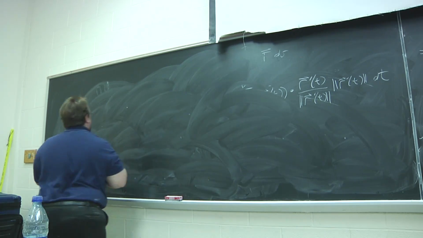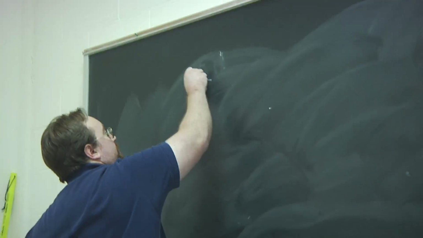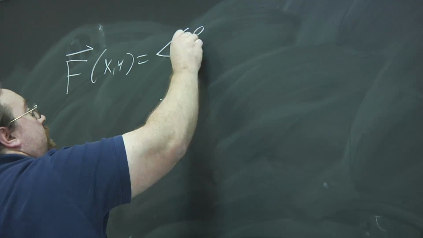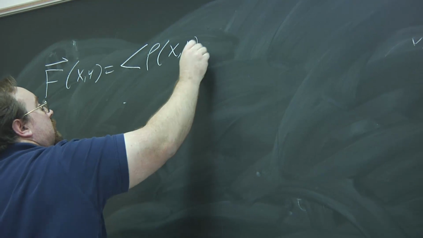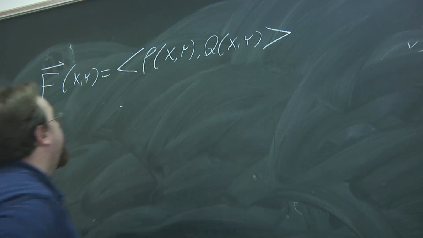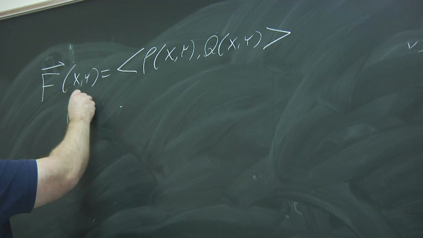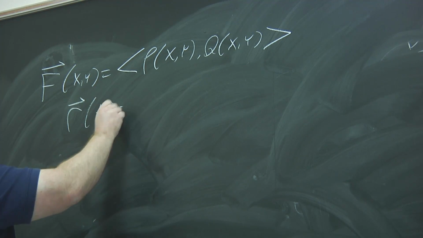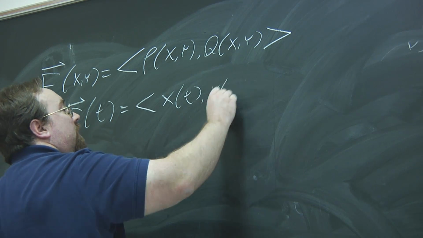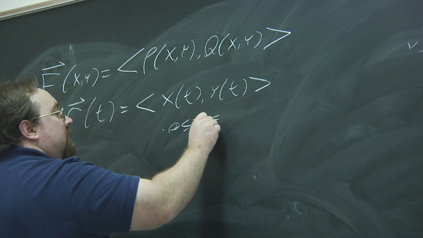Let's stick with two variables. Suppose your vector field F of x, y has these component functions, P of x, y and Q of x, y. And our curve has this parameterization, x of t, y of t, for t between a and b.